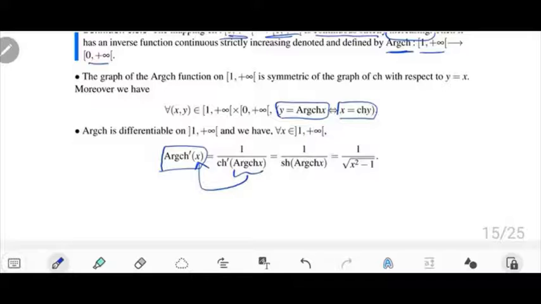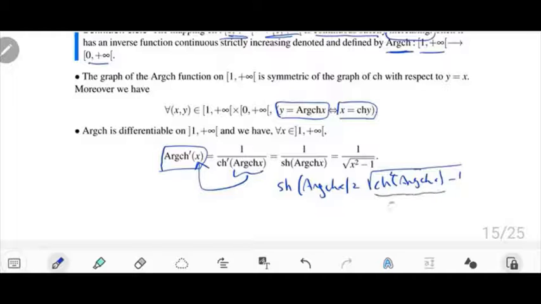It's equal to 1 over sh, because it's the derivative of ch, at arg ch x, but sh of something is equal to square root of ch of this something squared minus 1, and ch of arg ch x is equal to x.